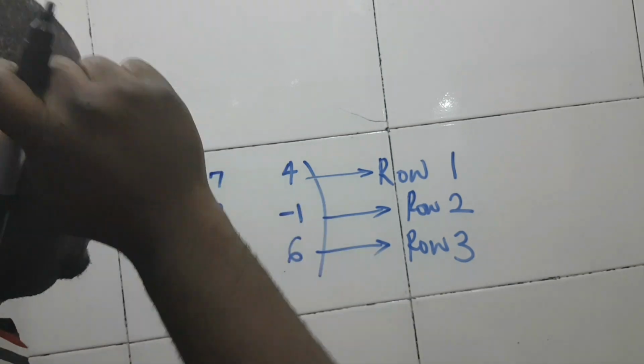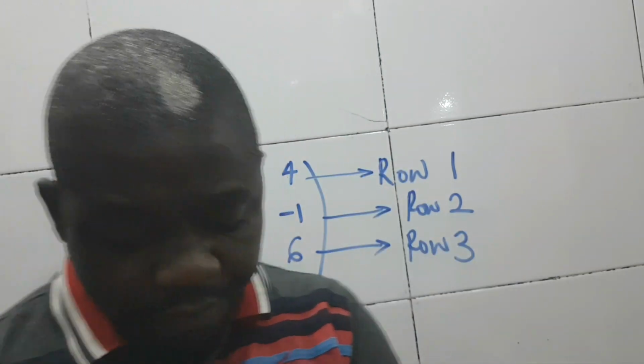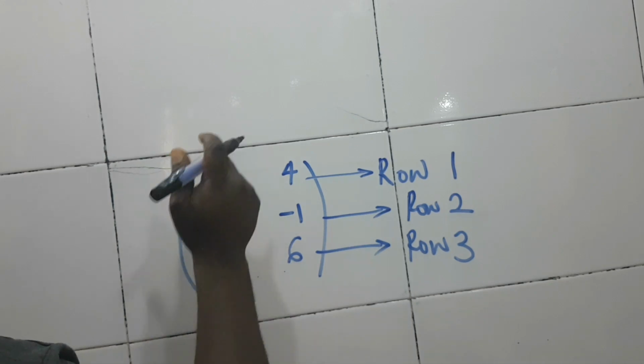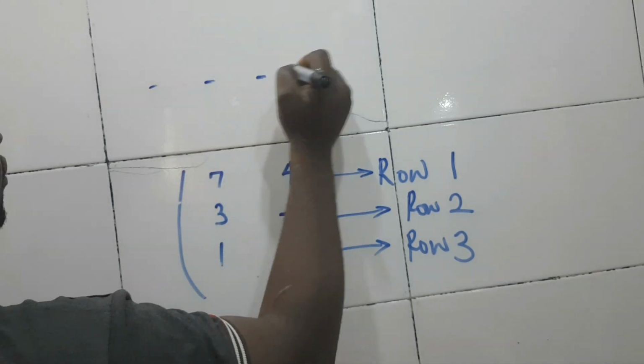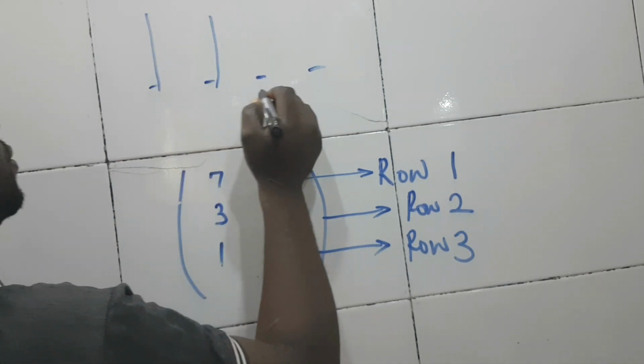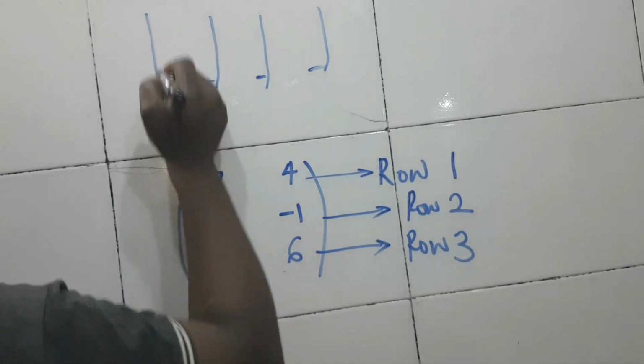You can just compare it with the way you sit in your classrooms. Some will be in the front row seats. Those behind are in the second row, the third row, the fourth row. Then if you are moving down, let's say this is row 1, row 2, row 3, row 4. Either you go up or you go down.